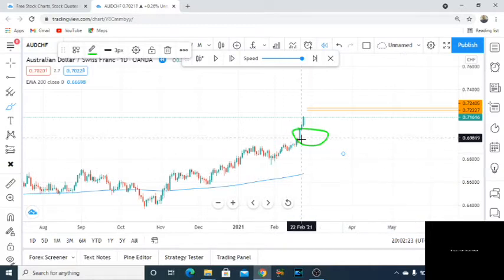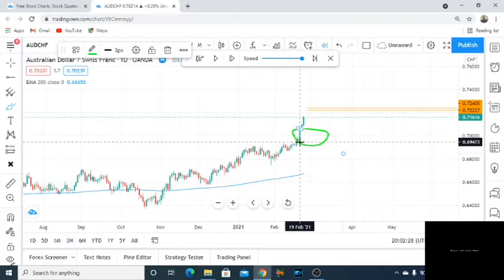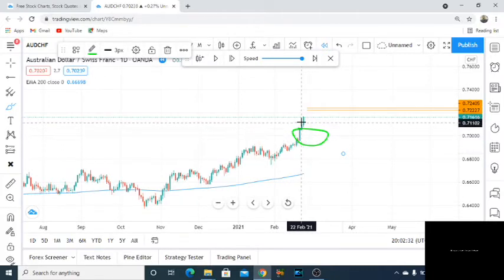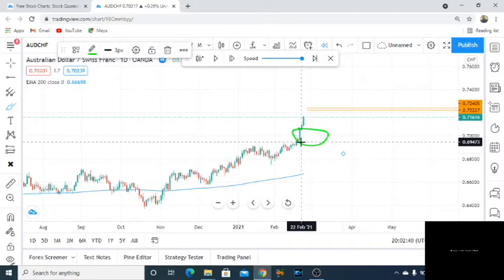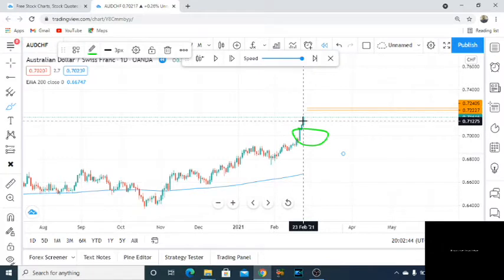I hope you see these three bullish candles. The market here is only moving in one direction, only moving to the upside. You can see only green candles.